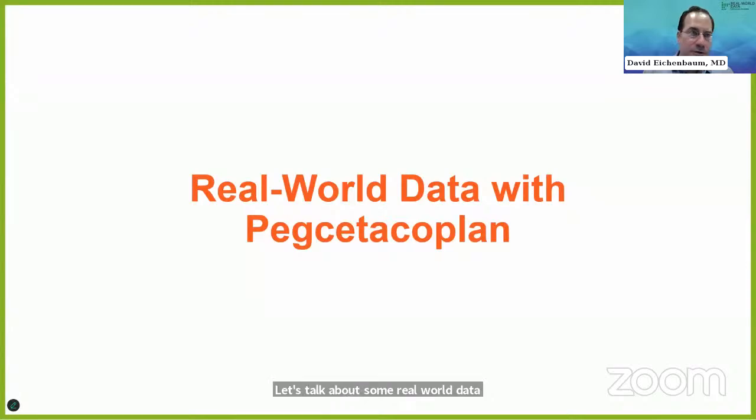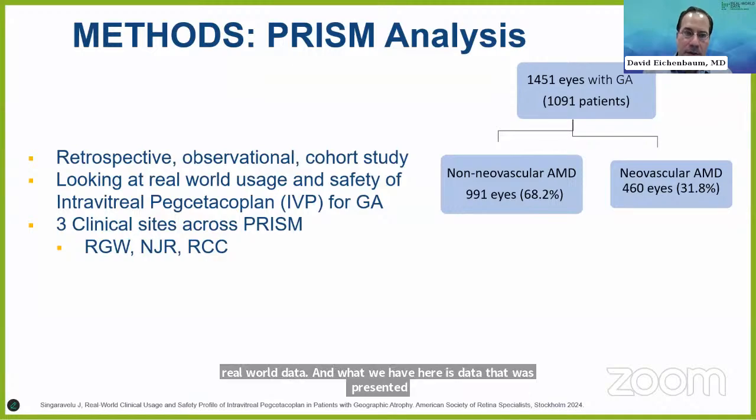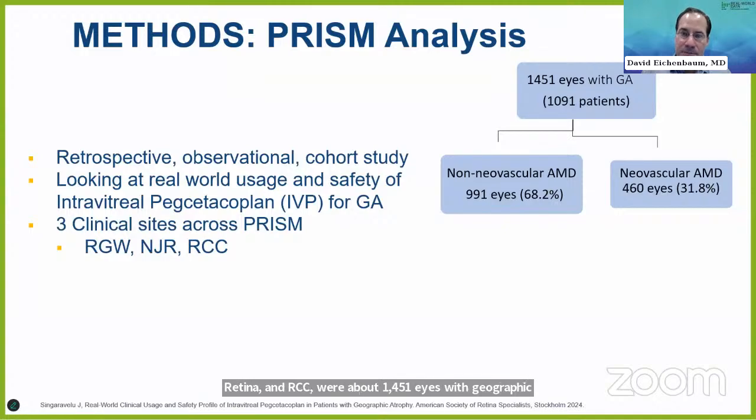There are two parts to real-world data. My friend Sam Miniker is going to dive deep into his real-world data, and what we have here is data that was presented as well at the American Society of Retina Specialists by Jan Singer-Ravellu, and what she saw in this PRISM analysis, looking at Retina Group of Washington, New Jersey Retina, and RCC, were about 1,451 eyes with geographic atrophy treated with pegcetacoplan.